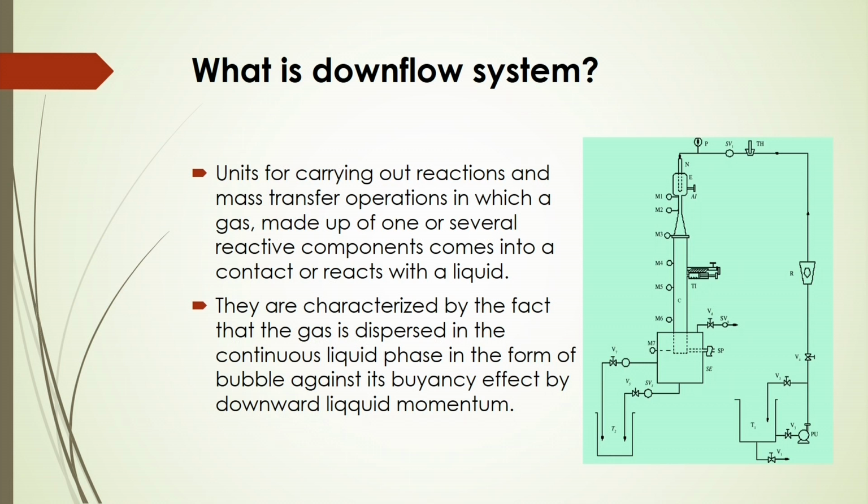It is characterized by the fact that the gas is dispersed in the continuous liquid phase in the form of bubbles against their buoyancy effect by downward liquid momentum. What does it mean actually?